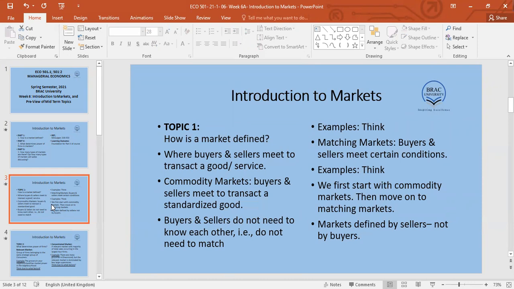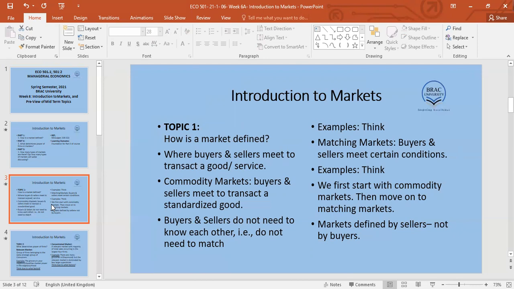Now, a commodity market is a place where buyers and sellers meet to transact a standardized good. For example, we want to buy a mobile phone, whether that's an Android mobile phone or an iOS mobile phone. It doesn't matter whichever model we want to buy.